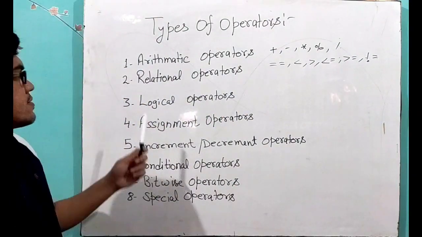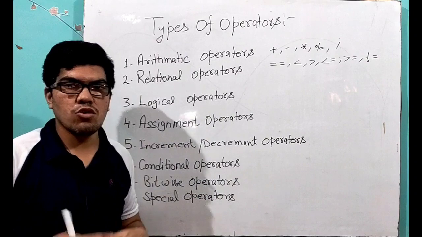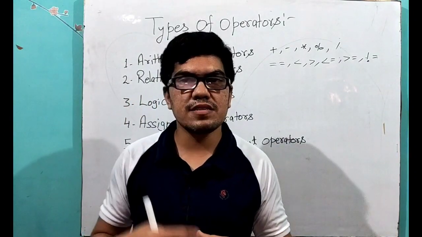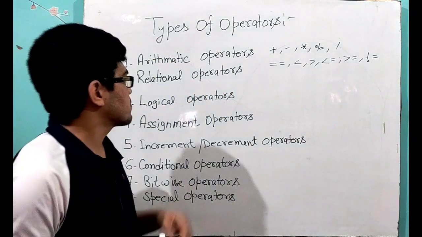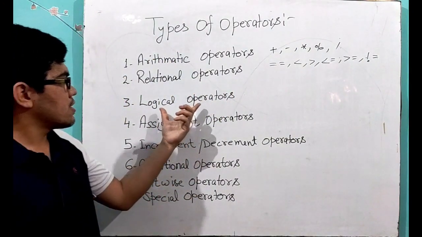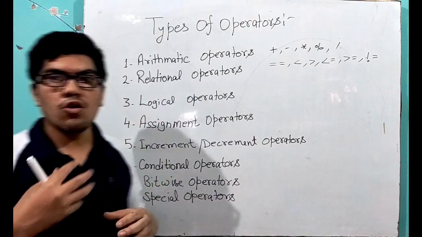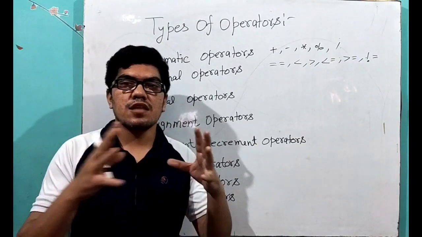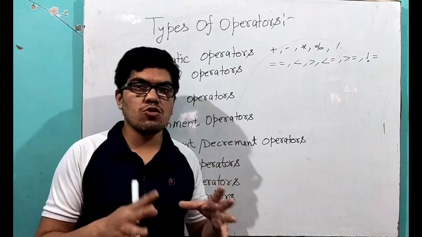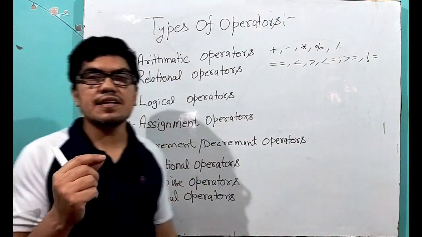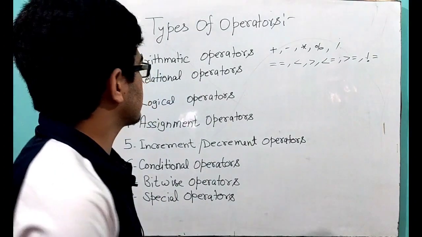Next is logical operators. Logical operators are used to construct complex decision making expressions. These operators accept only true or false, meaning the operands can be only true or false, and these operators give the result as true or false.